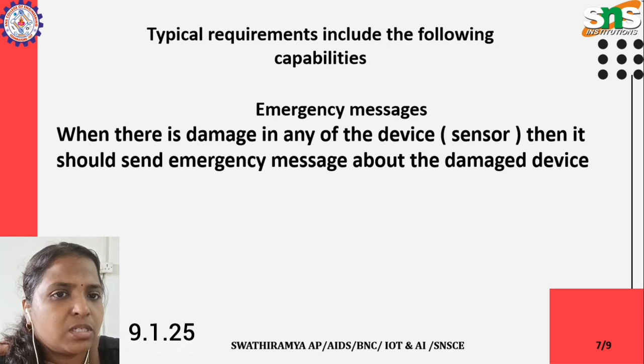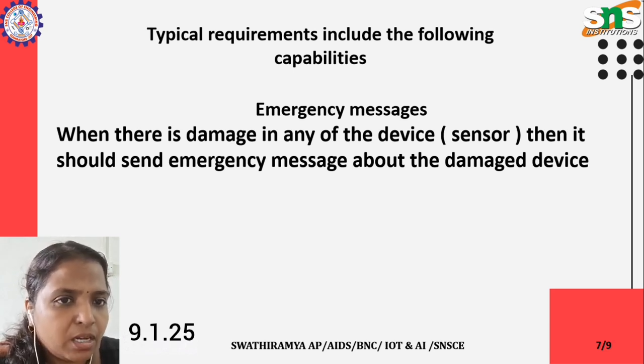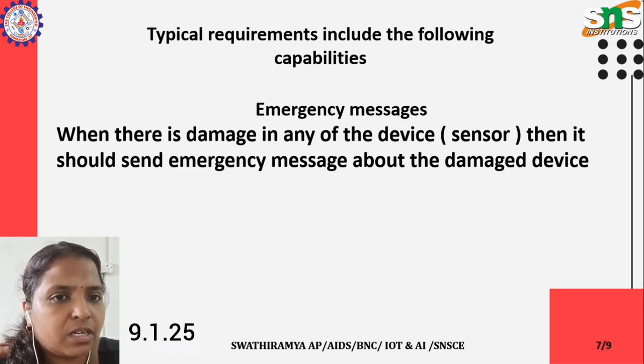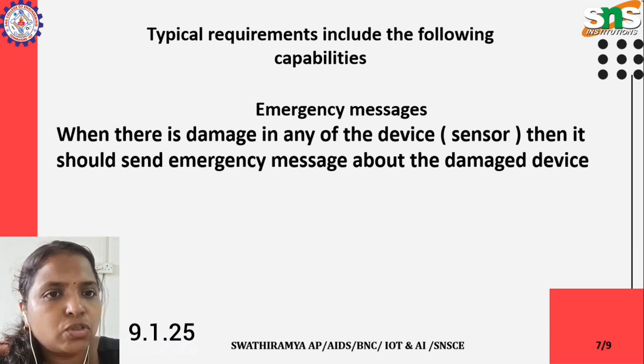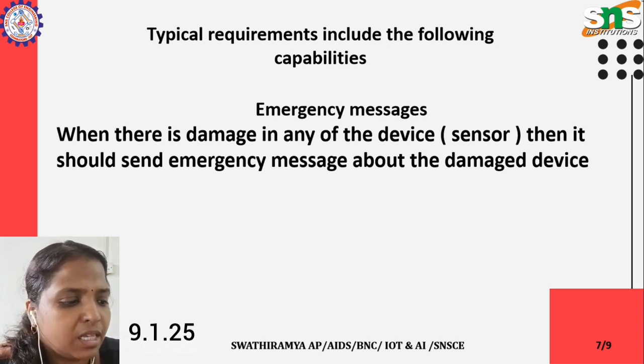Then it may lead to a serious problem, because the surveillance camera was in a place where we need surveillance 24/7, but it has not been working for one or two days. The user needs an emergency message if it is not working, or if it is not transferring data at the particular time. If the data has not been transferred from the device at the particular time, the user should get an emergency message regarding that.